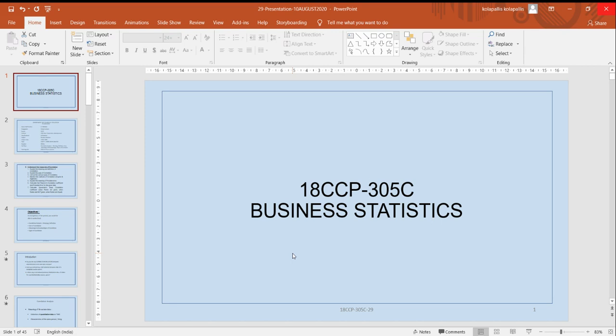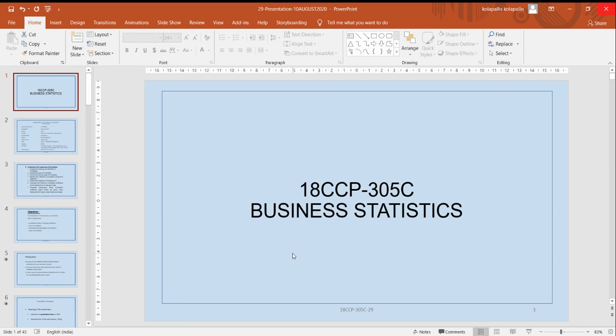In the second and third units, we have seen about the measures of central tendency. And in the fourth unit, we have seen about the measures of dispersion.